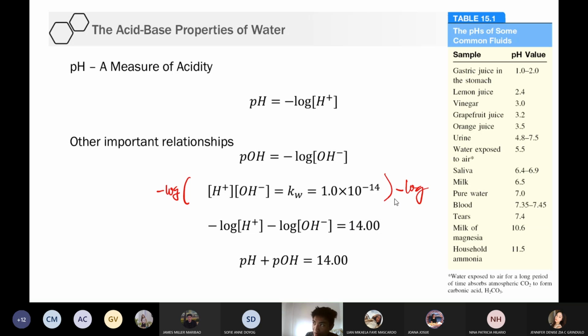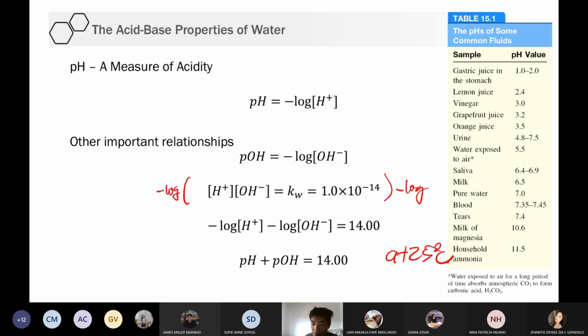Yung negative sign, it cancels out with the negative sign sa harap ng logarithm. Okay? So yun. So yung 14 na exponent, bababa siya. So we have 14.0. So what's negative log H plus? That is pH. What's negative log OH? That's pOH. So that means pH plus pOH must be equal to 14 at 25 degrees Celsius.